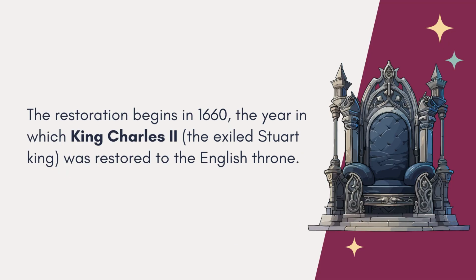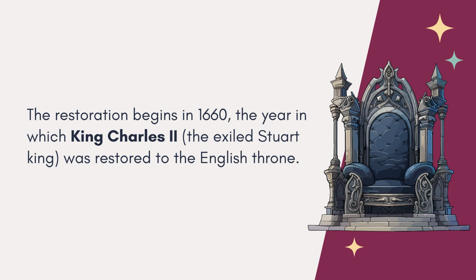The Restoration begins in 1660, the year in which King Charles II was restored to the English throne. So it is called the Restoration period because King Charles was restored to the throne.